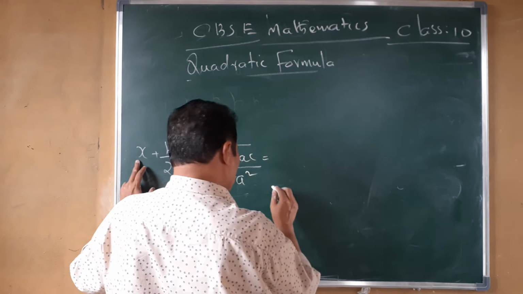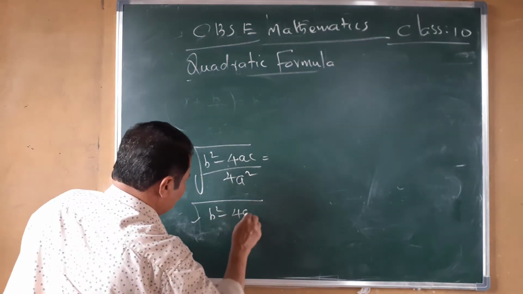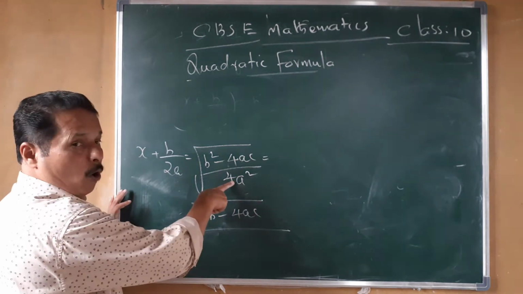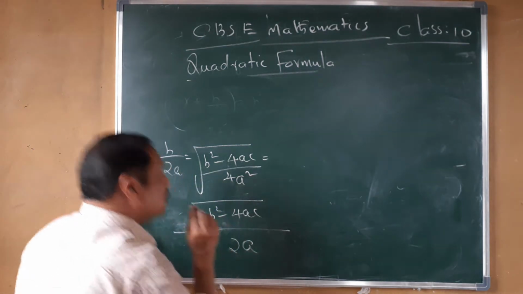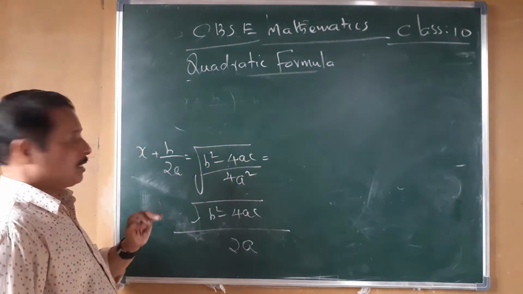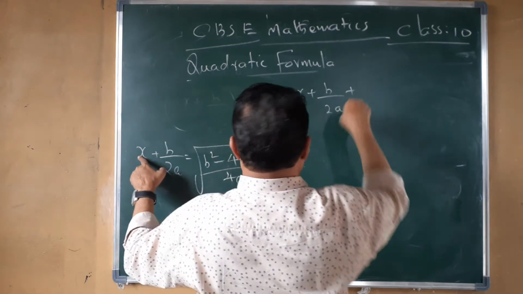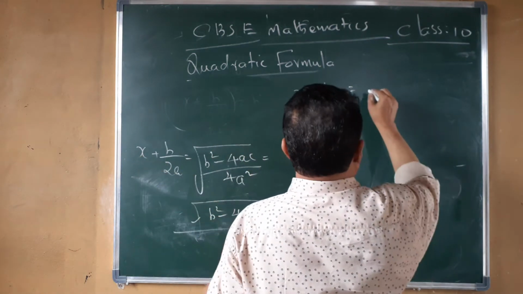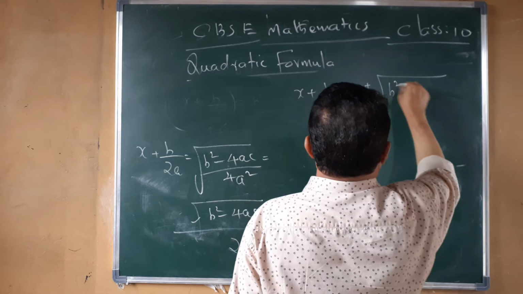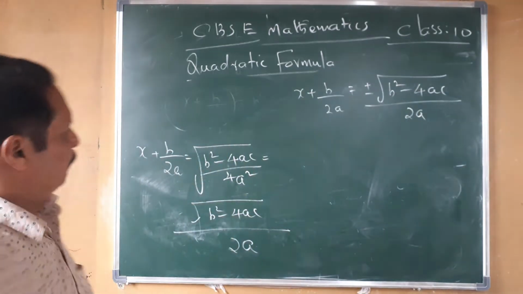Better you take the roots. Root b square minus 4ac is not a perfect square. Root of 4a square is 2a. Is it clear? So x plus b by 2a equal to, your answer is plus or minus root b square minus 4ac by 2a. Is it clear?